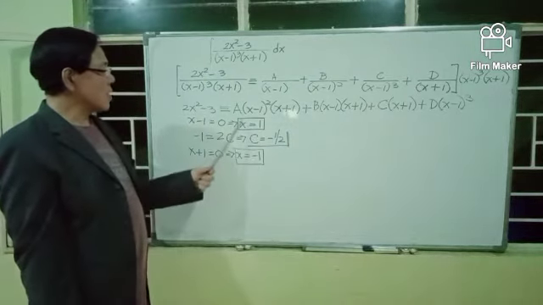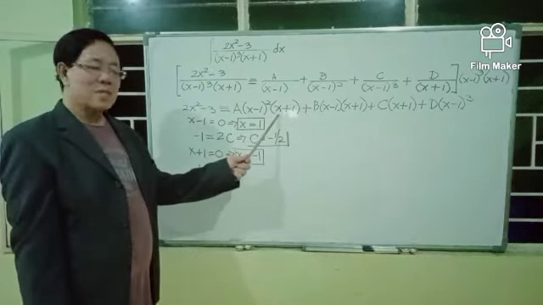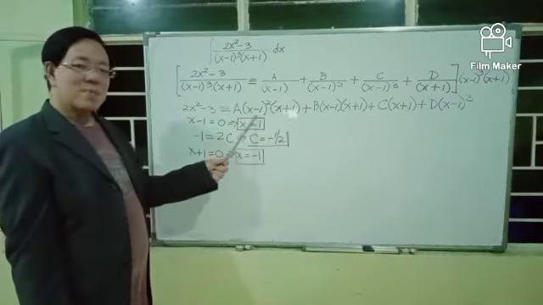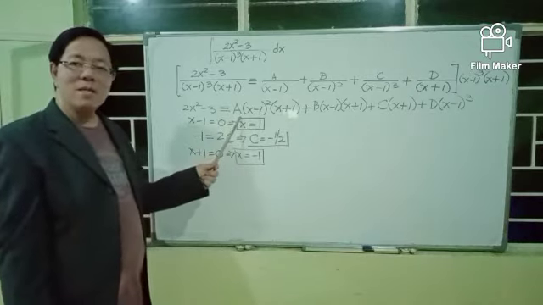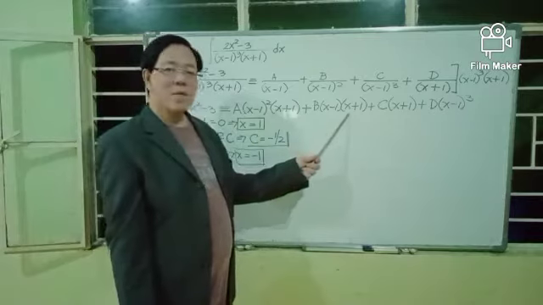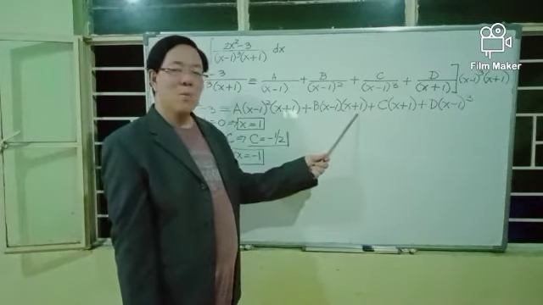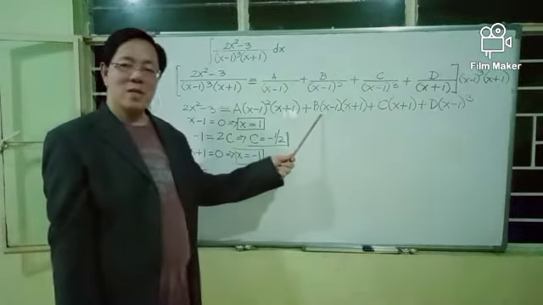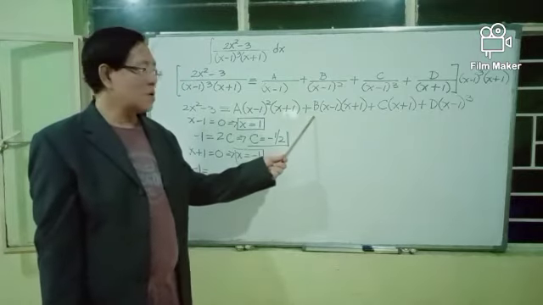When x equals negative 1, this will be 0, multiplied by x minus 1 squared multiplied by a is 0. When x equals negative 1, negative 1 plus 1 is 0, multiplied by x minus 1 is 0, multiplied by b is 0.